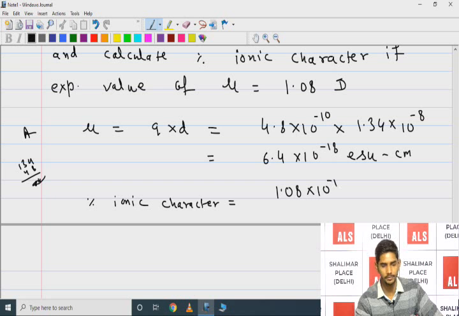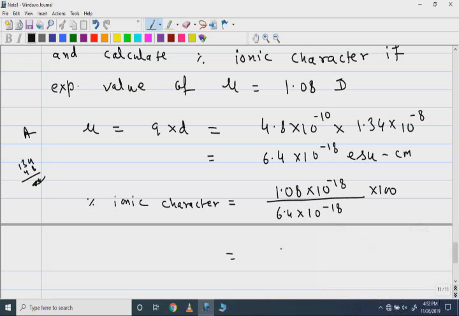For that, just multiply it with 10 to the power minus 18, upon 6.4 into 10 to the power minus 18, into 100. Just solve this, and after solving, you will get nearly 17%. Copy and confirm.